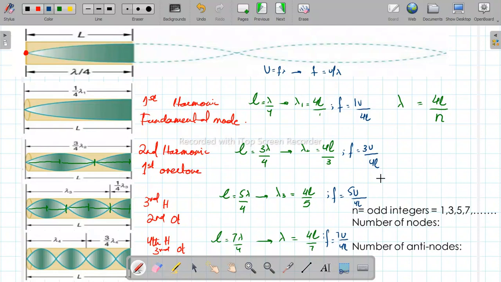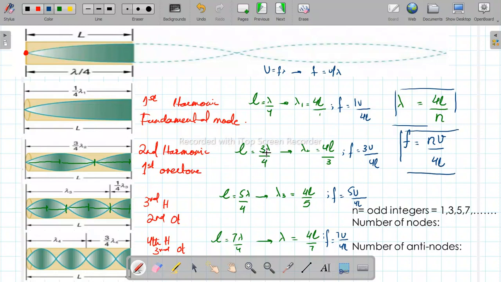We can also generalize this equation. It is 1 times v over 4L, 3 times v over 4L, 5 times v over 4L, 7 times v over 4L. In other words, we can generalize this frequency as n times v over 4L, right? And again, this n could only take odd integer values 1, 3, 5, 7, 9, and so on. These are the two general equations for the harmonic and the wavelength.